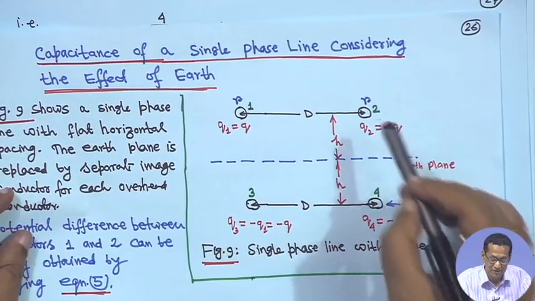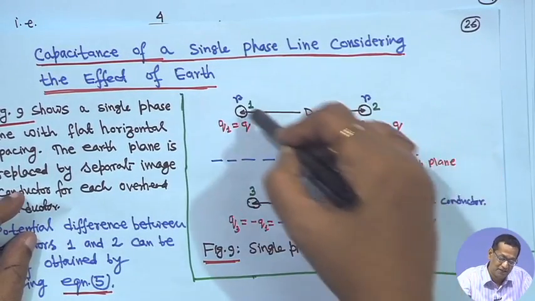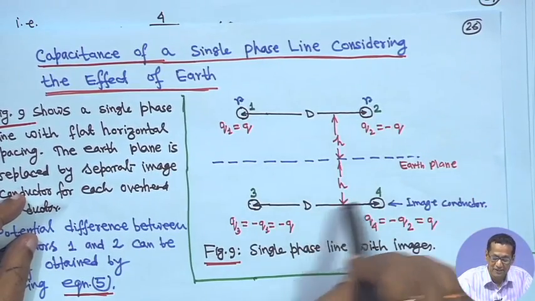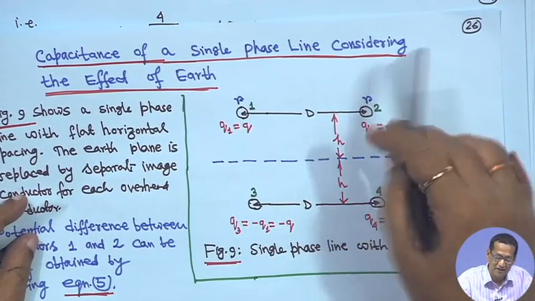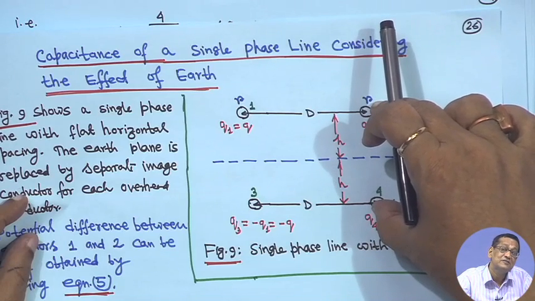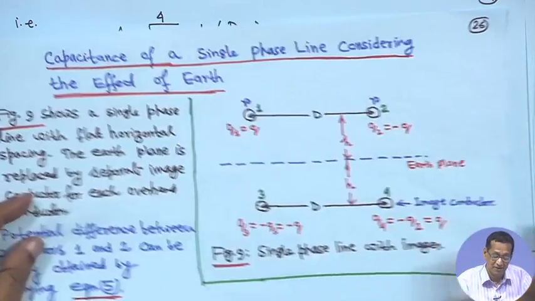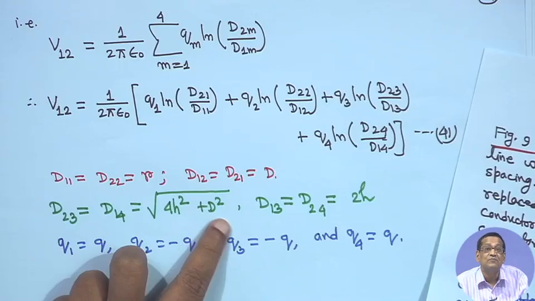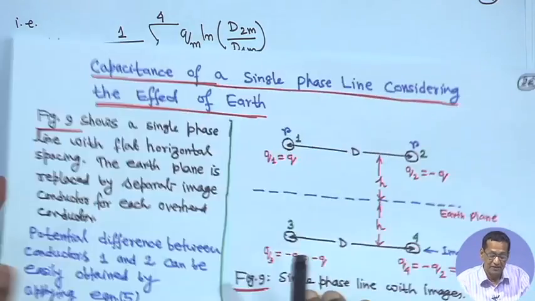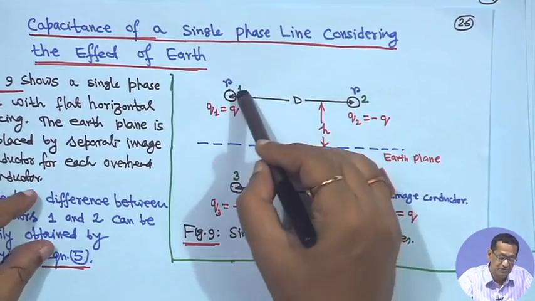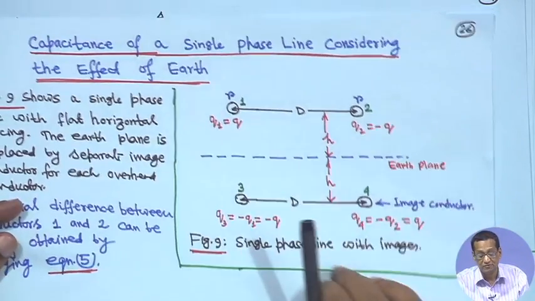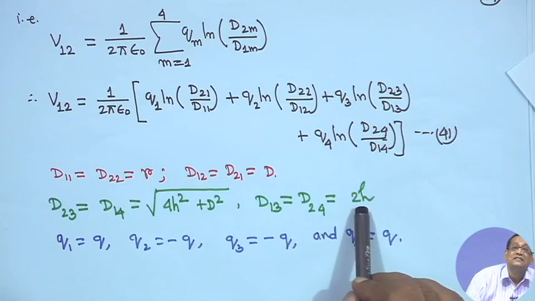This is basically the square root of d square plus 2h whole square, that means root over d square plus 4h square. That is why d23 is equal to d14 is equal to root over 4h square plus d square, and d13 is equal to d24 is equal to 2h.